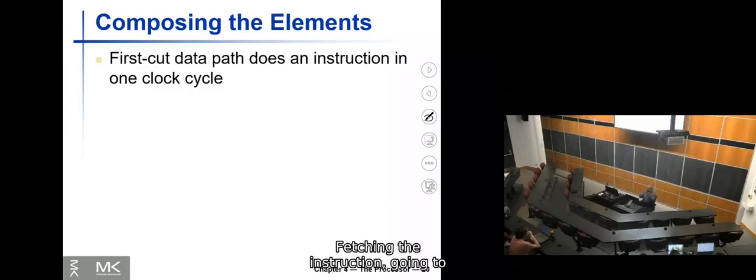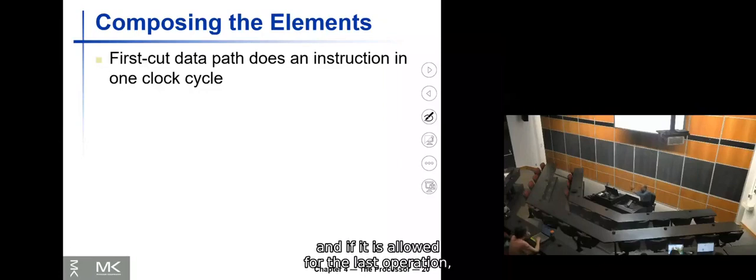Fetching the instruction, going to register file, calculating in the ALU, going to the data memory, and writing back to the register file. These are the things that we are always doing. Fetching the instruction coming out of instruction memory, going to register file, getting the registers and the immediate values that we want, then calculating whatever we need, then going to data memory for a load to get the value, or for a store to store the value.